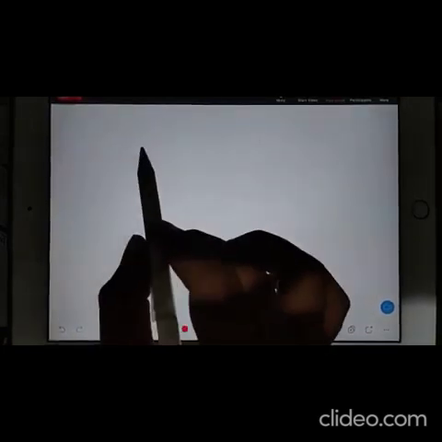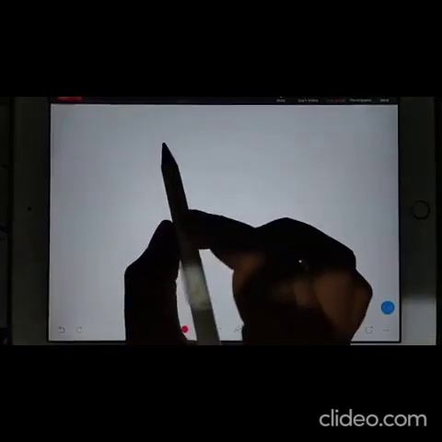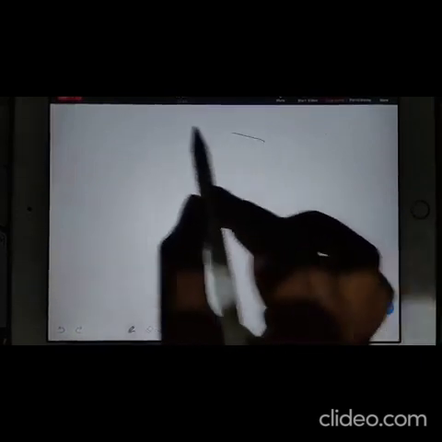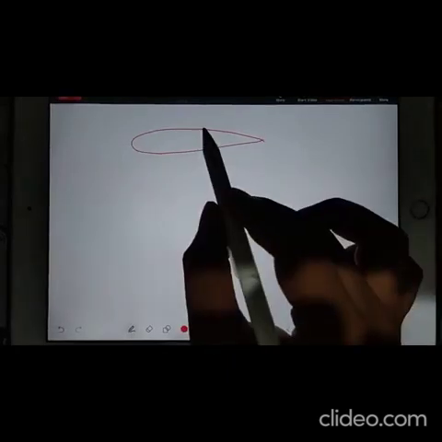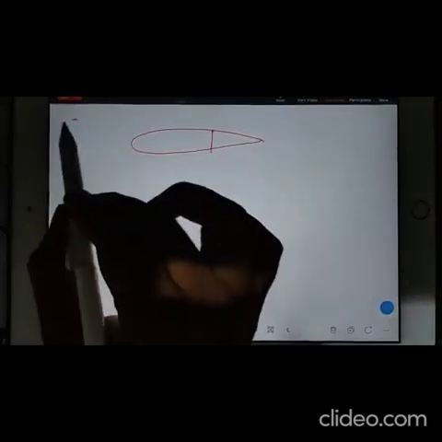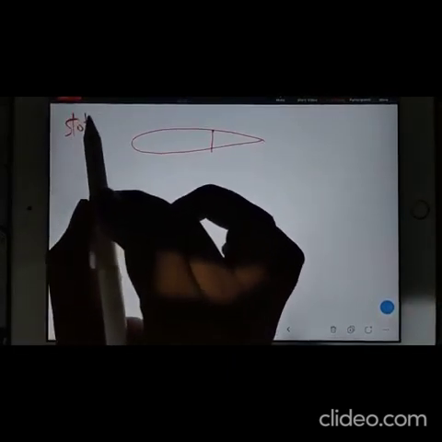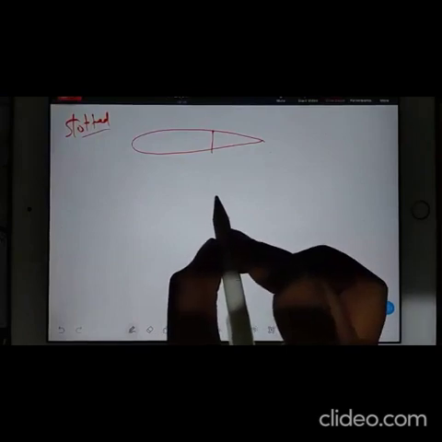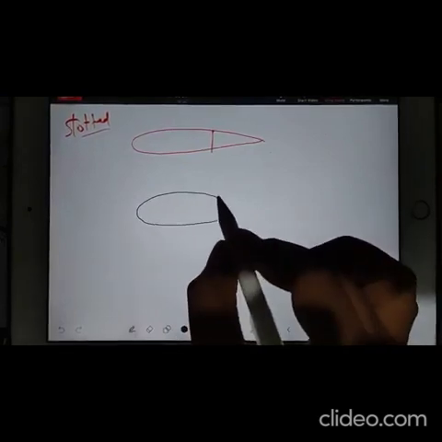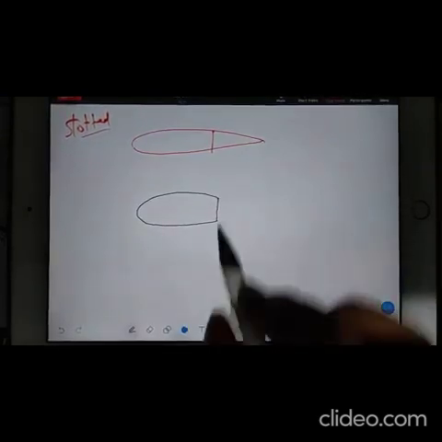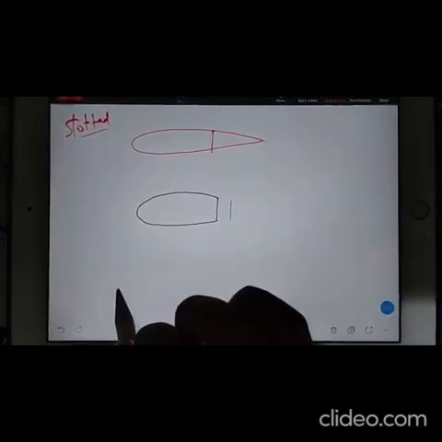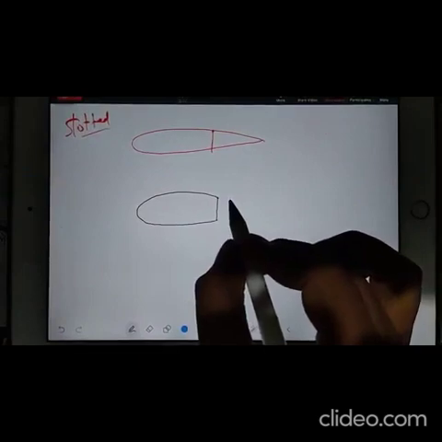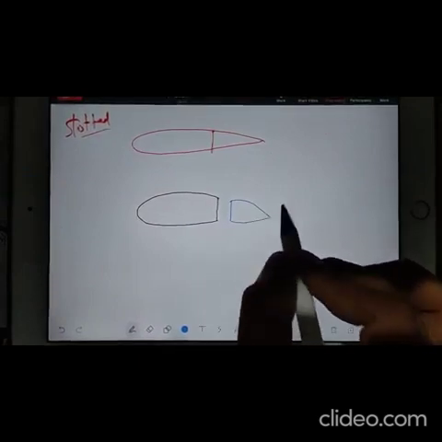So see, here I am showing you a normal flap. I will cut the flap here. Now my next is slotted. And then this portion, then there will be a slot. After the slot, we'll have our flap.